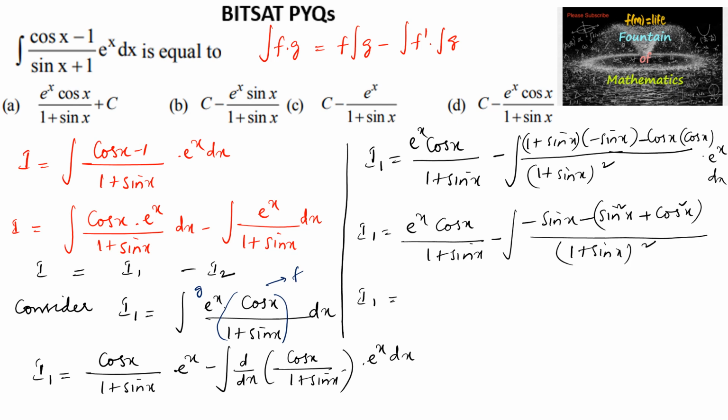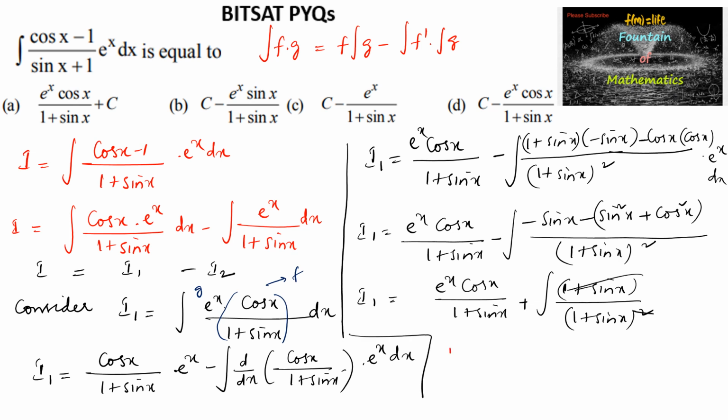So I1 is equal to e power x into cos x upon 1 plus sin x minus of minus taken common, 1 plus sin x upon 1 plus sin x whole square. So 1 plus sin x cancels, and we can write I1 is equal to e power x into cos x upon 1 plus sin x, and here again there is e power x dx.